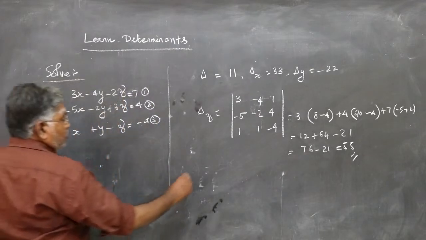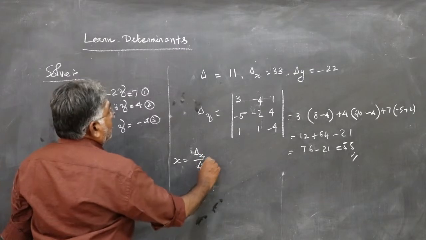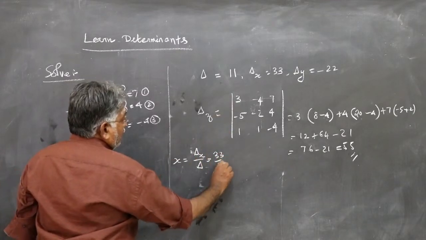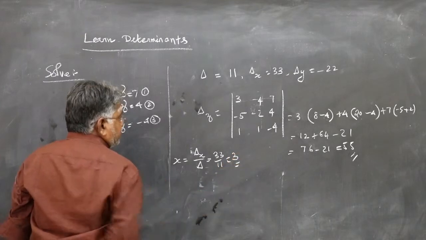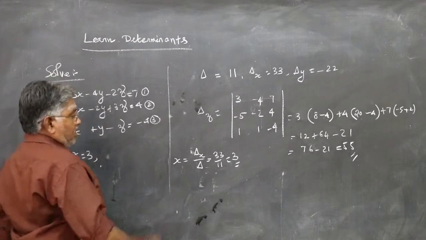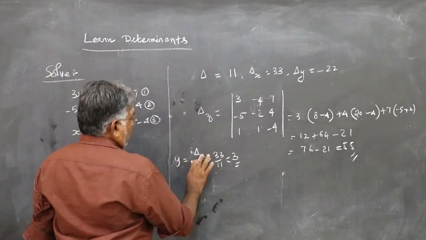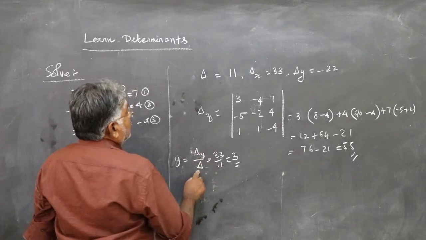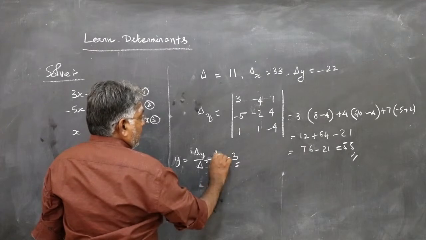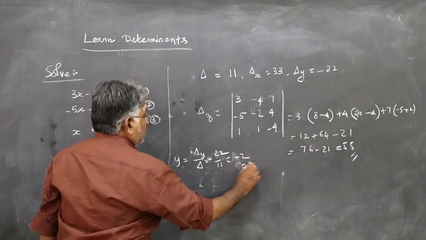So we know that x is delta sub x by delta, which is 33 by 11, so 3. So value of x is 3. Then value of y is delta sub y by delta. Delta sub y is minus 22 by 11, so minus 2.